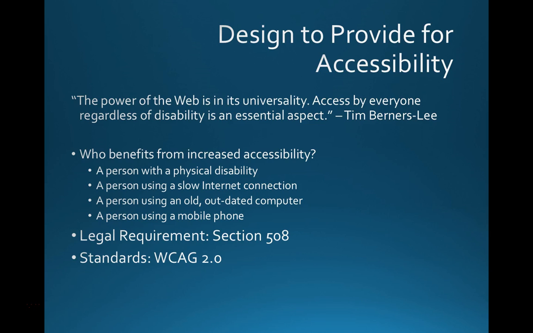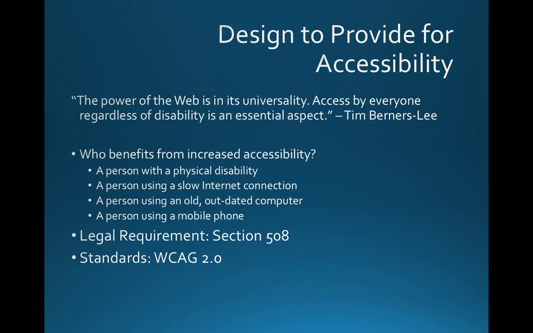Accessibility. We definitely want to include accessibility in all the pages we create. We'll be doing that in this class. As we move from one chapter to the next, we'll be integrating and including the accessible features and options. Now, there are 2 types of accessibility requirements. One that comes from the government called Section 508.